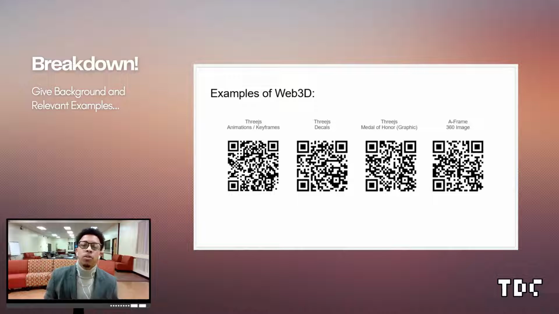Another example that I like to have on here is the Medal of Honor graphic on Oculus.com for one of their new games, where you can scroll through and it takes you through a scene. I like to give examples of the things that are possible with the technology that you're about to learn.